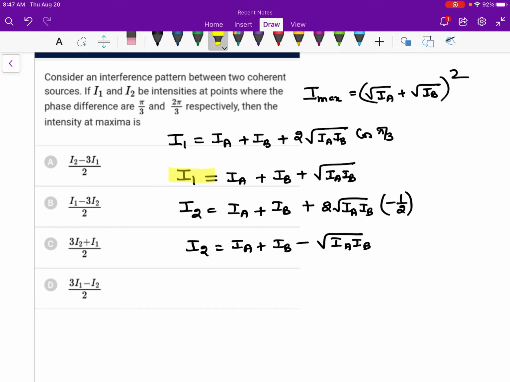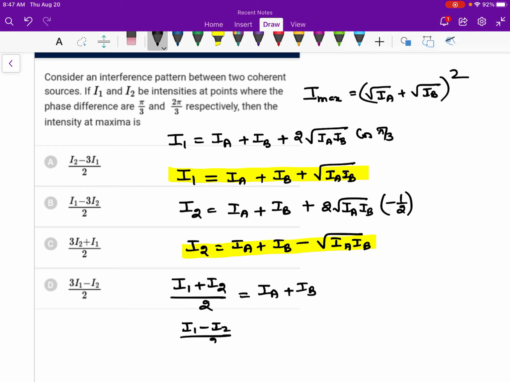Now from these two equations we'll calculate IA plus IB and root IA IB. By adding these two, I1 plus I2 by 2 is IA plus IB, and by subtracting these two we are getting I1 minus I2 by 2 is root IA IB.